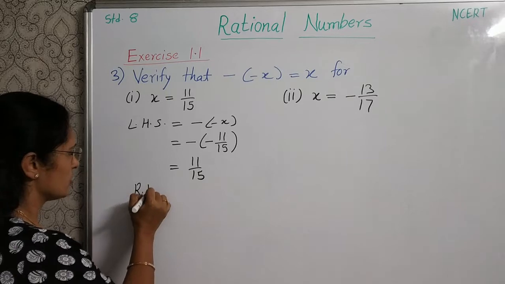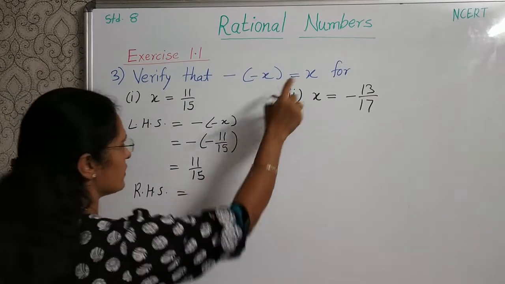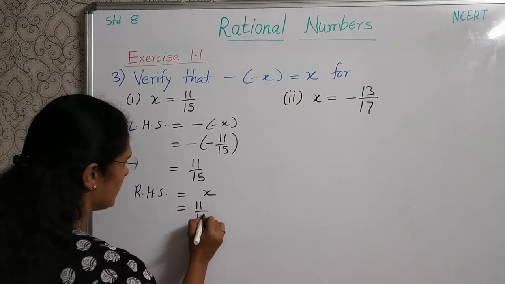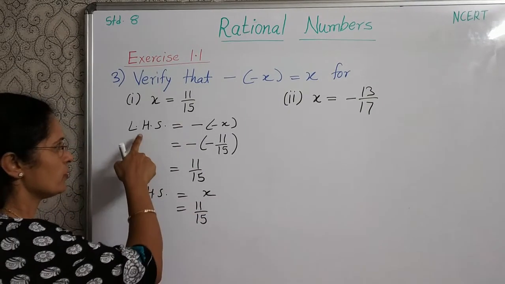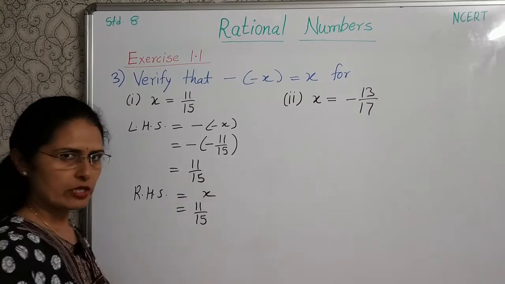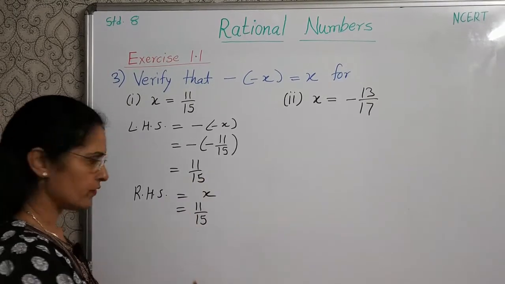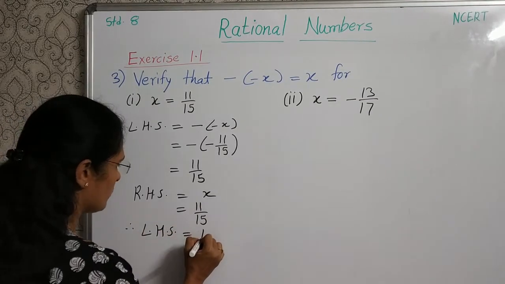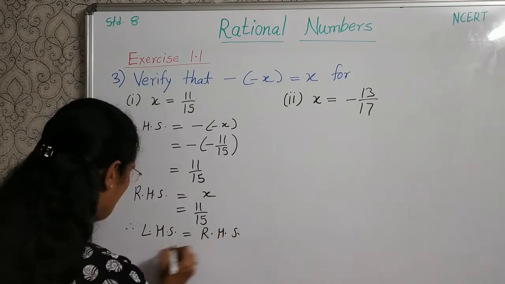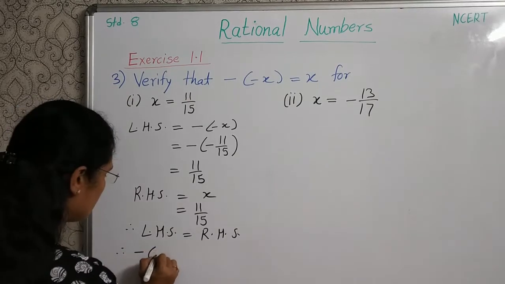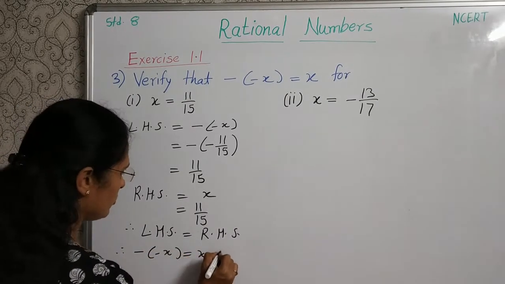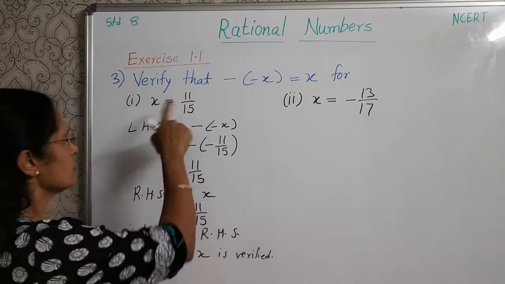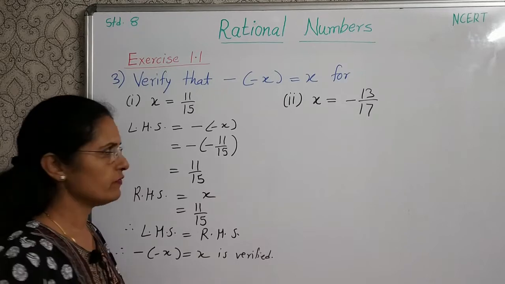Now RHS, right hand side, which is given x, so again put the value of x, which is 11 by 15. Now if you observe, LHS answer is 11 by 15, RHS is also 11 by 15, and therefore LHS is equal to RHS, and therefore minus of minus x is equal to x is verified for this value, x is equal to 11 by 15.